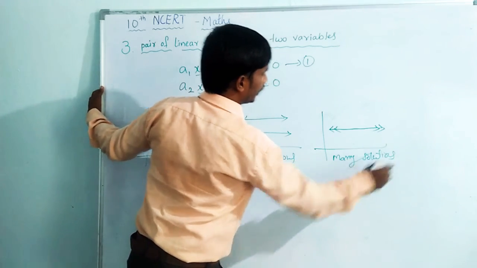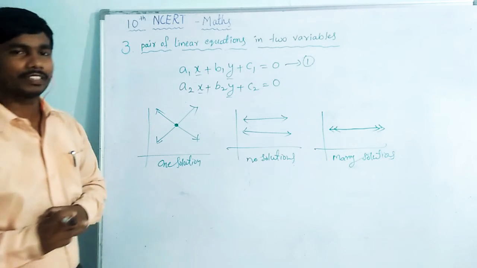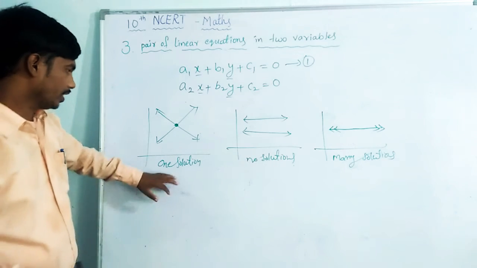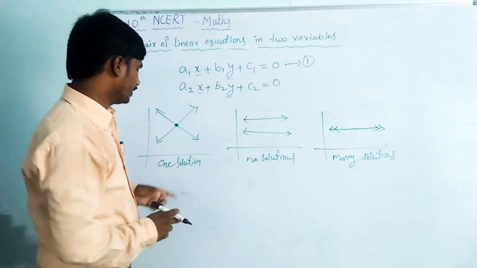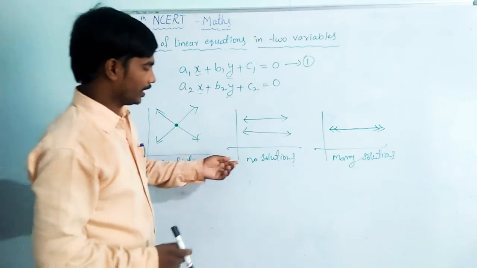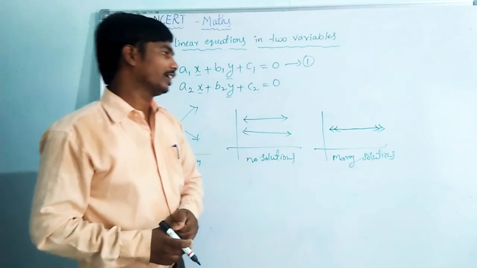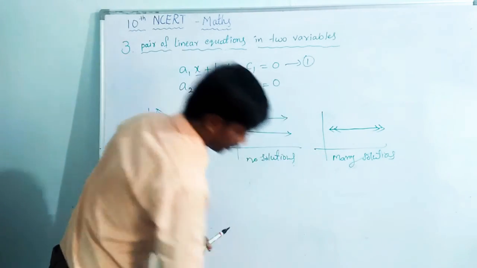So these are the possibilities for the graphical representation of a pair of linear equations. Intersecting at a point means one solution, parallel means no solutions, and coincident means many solutions.